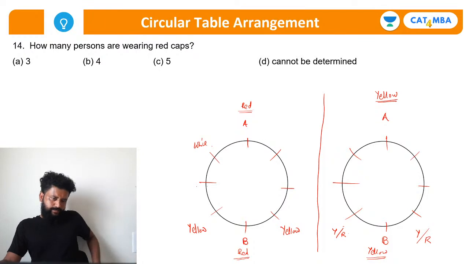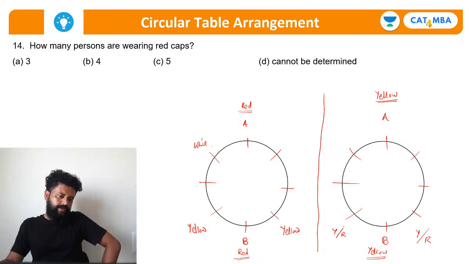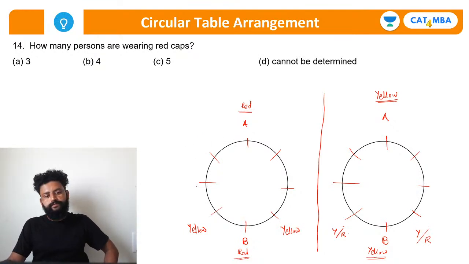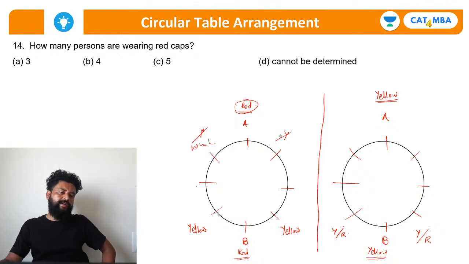So look at this, immediate neighbor of A do not wear yellow cap. So that's where this possibility ends, because A तो रेड कैप है, ए के नेबर्स येलो कैप नहीं पहनेंगे, तो यहाँ पे तो व्हाइट होगी, यहाँ पे थोड़ी एक और व्हाइट ले सकते हैं. तो दिस इज नॉट द केस.